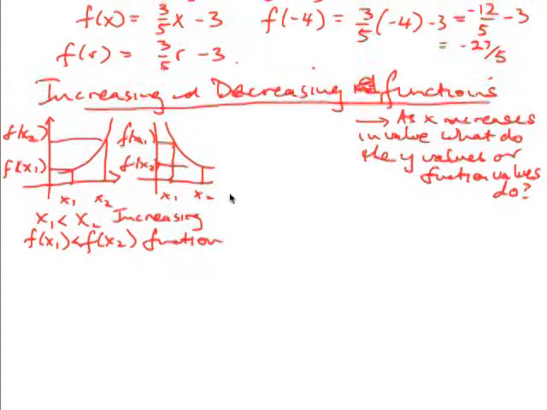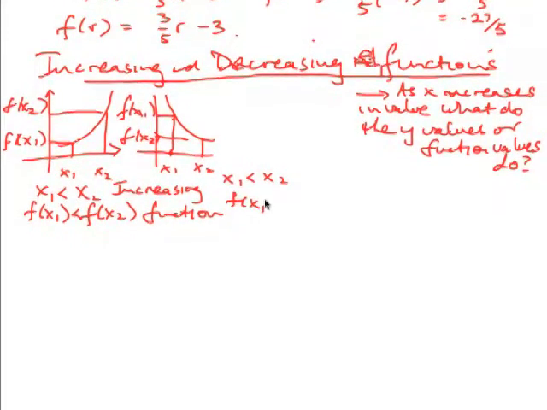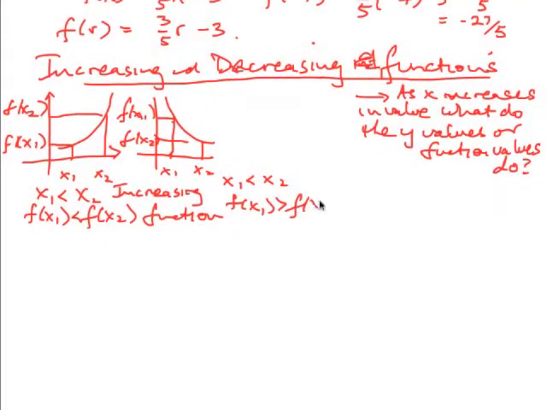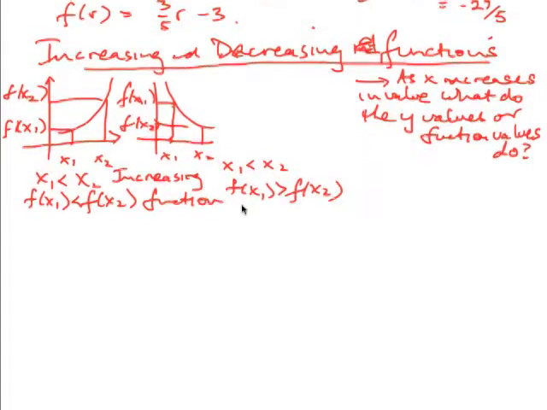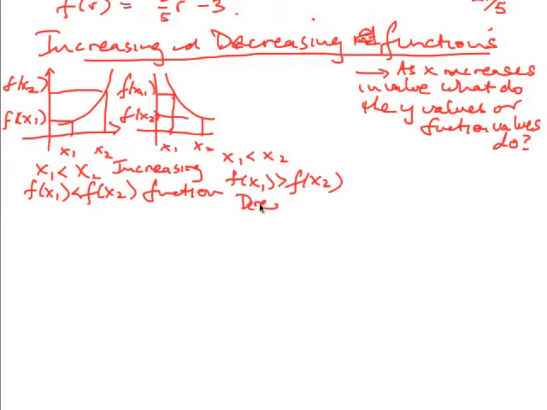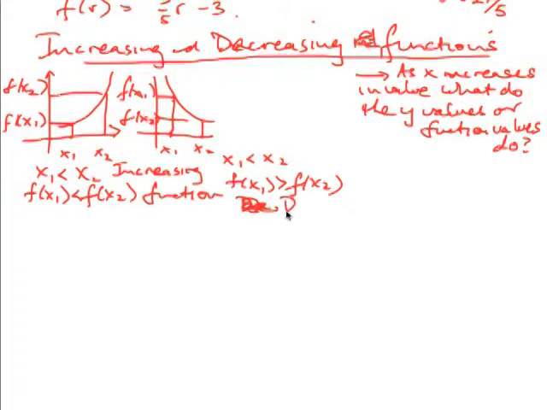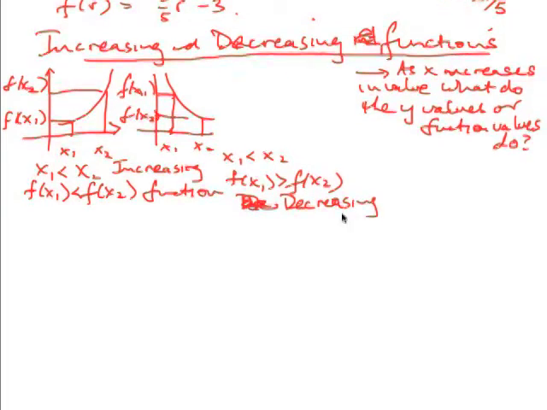And you can see here that even though I have x1 still less than x2, I now have f of x1 greater than f of x2. And so this is a decreasing function.